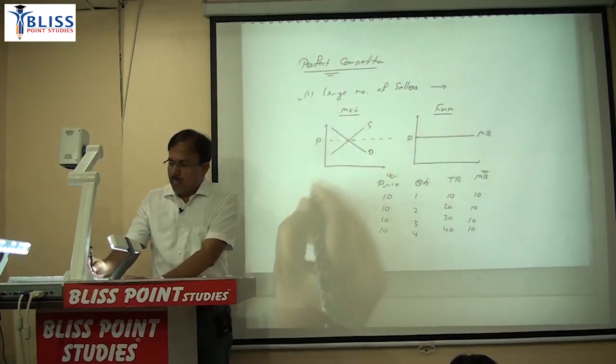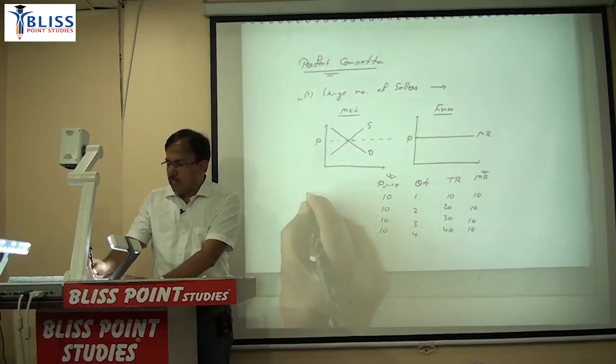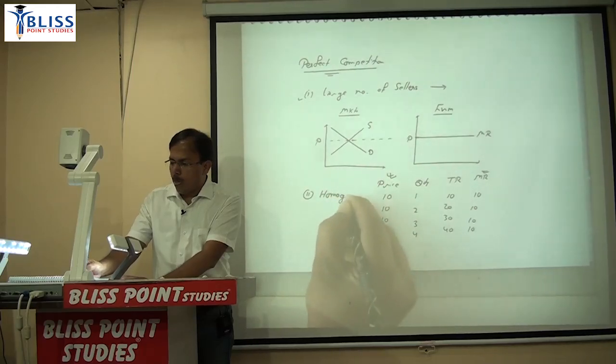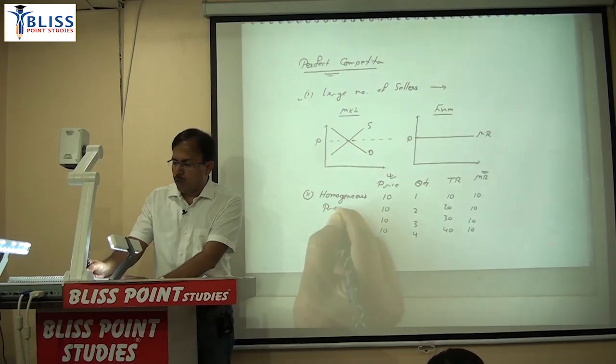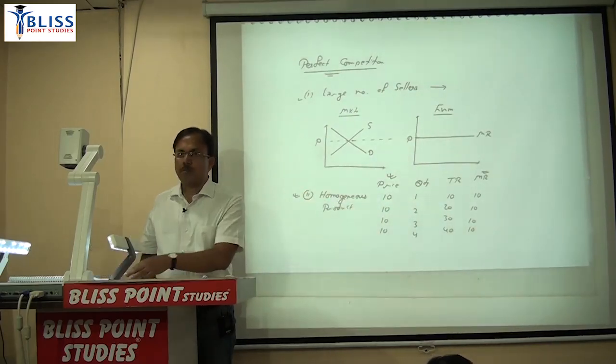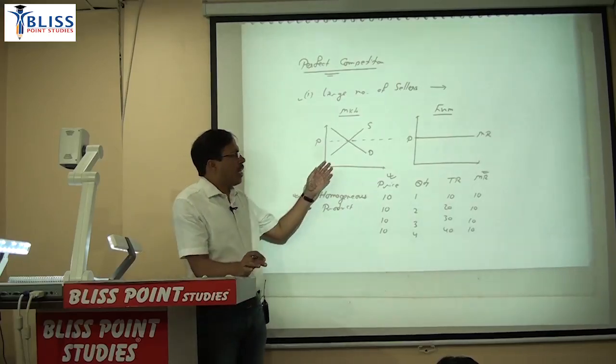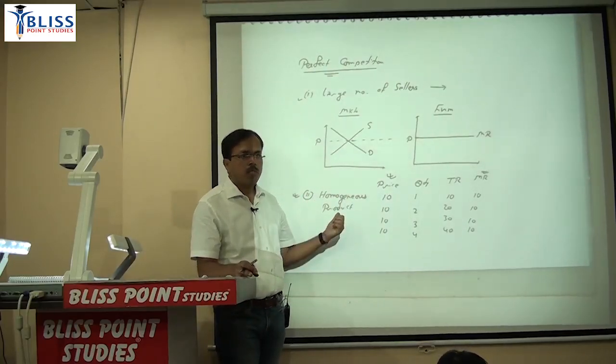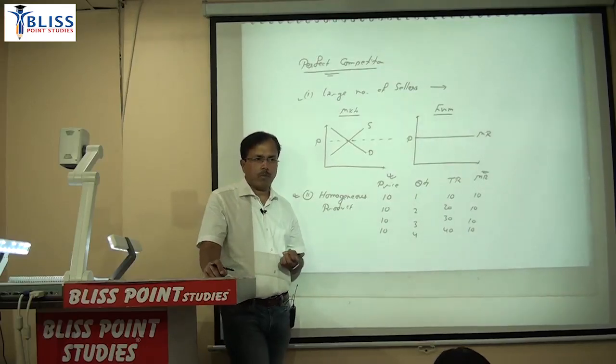So the first property is a large number of sellers. The second property is that those sellers are producing a homogeneous product or good. In a market there are many firms, but all firms are producing the same product. What does it imply?